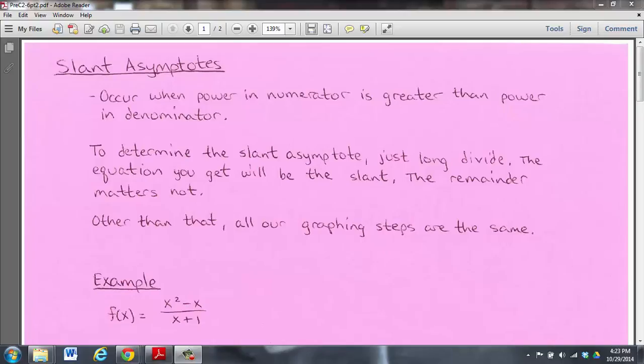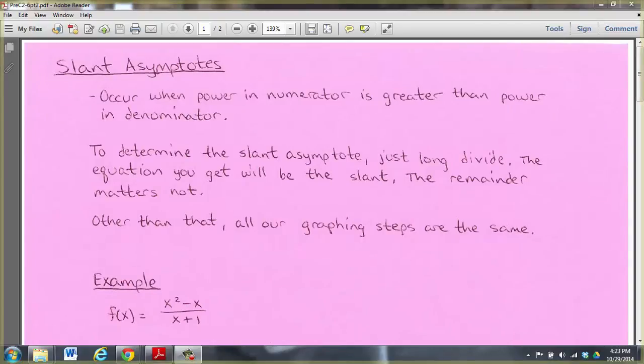So what we do to get going on those types of problems is basically everything that we've done before, but now instead of a horizontal asymptote, there's a slant asymptote, and we have to long divide in order to figure out what that slant asymptote is. So keep in mind that a slant asymptote looks like, if you have a graph like this, it might look like this.